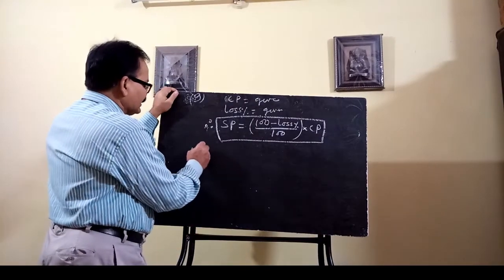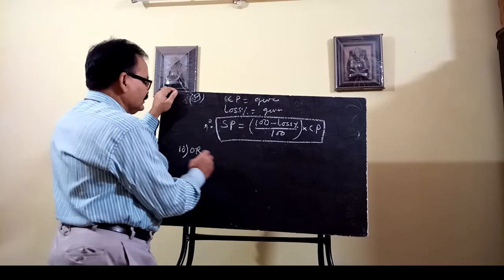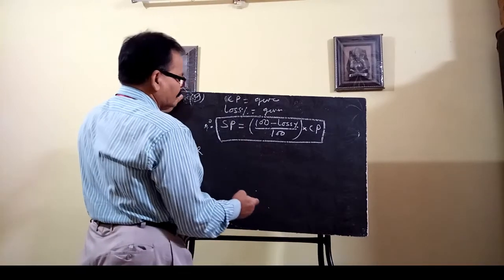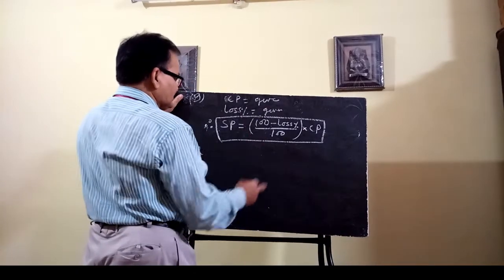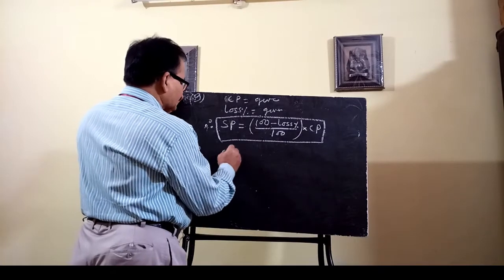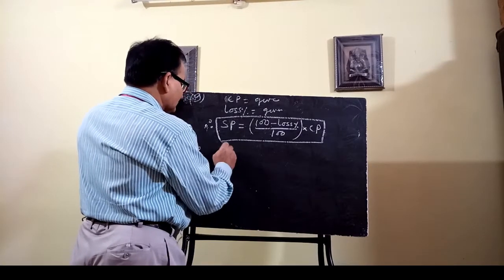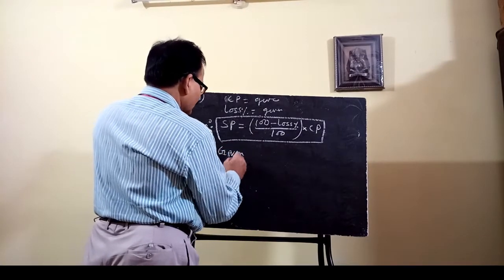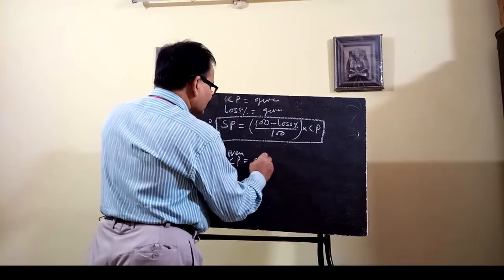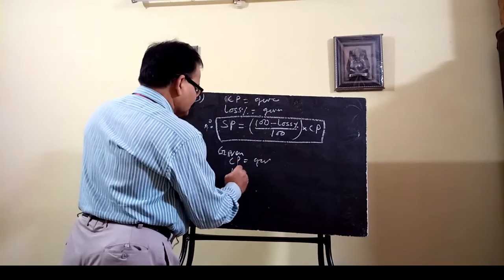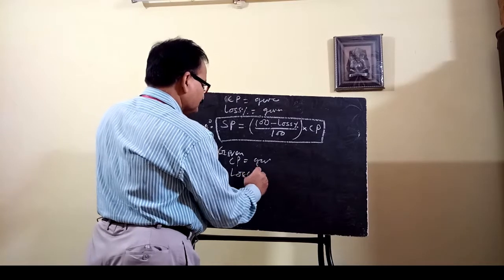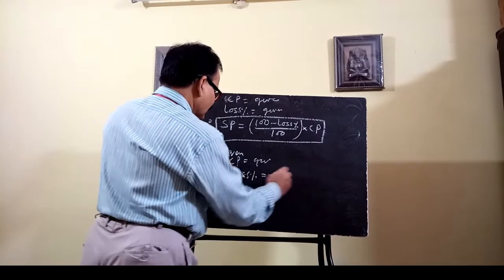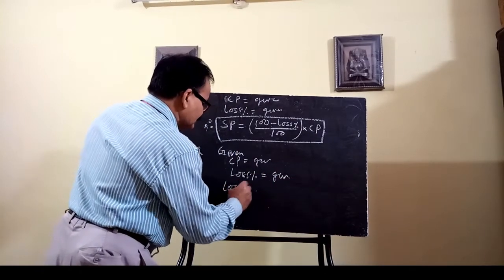Or in the second method, that is formula 10, you may take CP is given, and then loss percent is given. Then you first find out the loss.